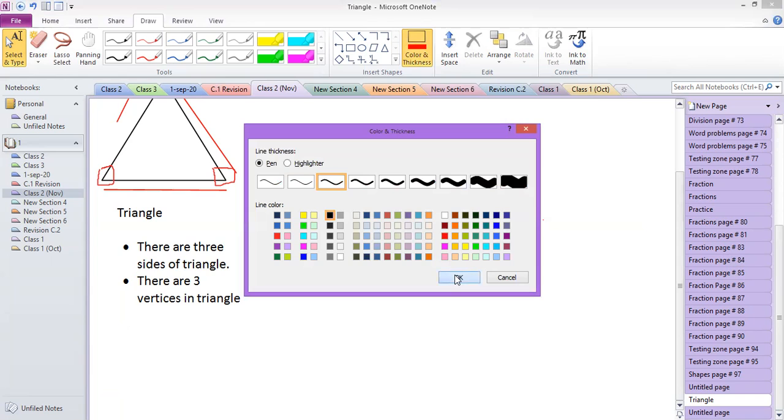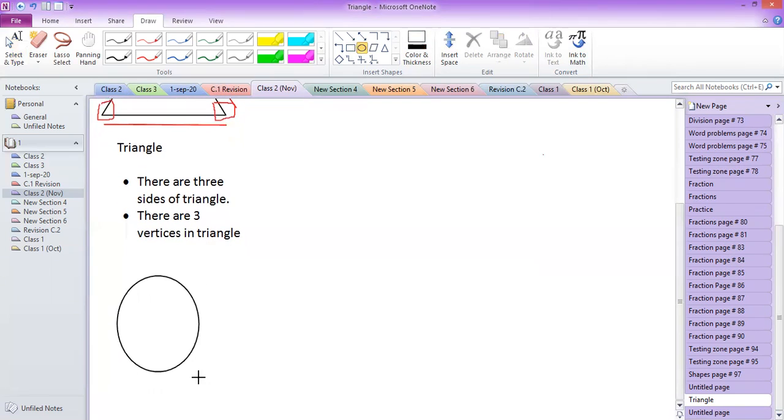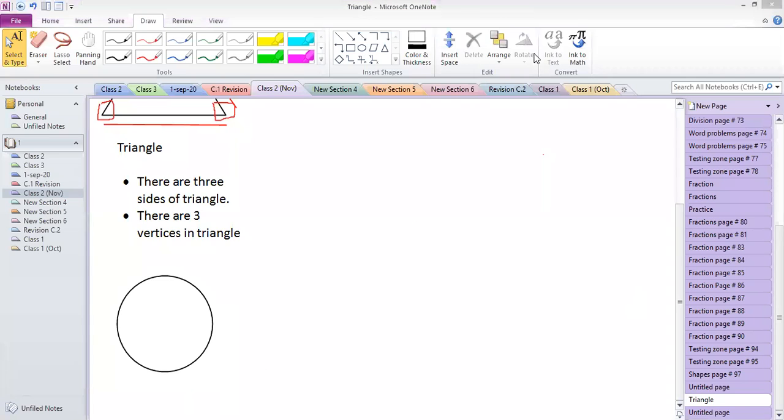I'm going to draw a new 2D shape for you. Guys, this is also one of the 2D shapes. What is the name of that shape? Yes, circle.